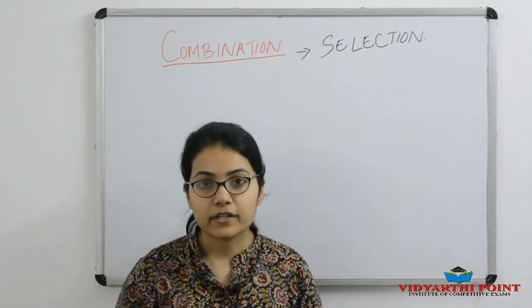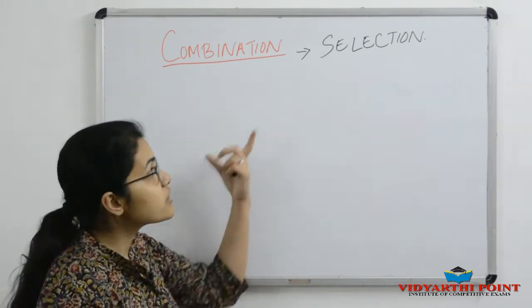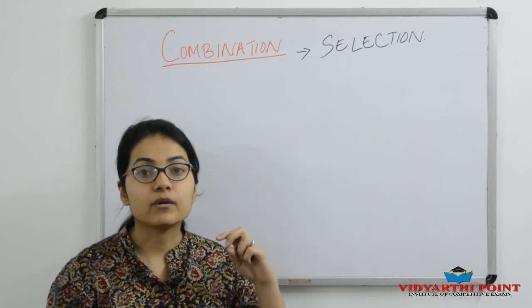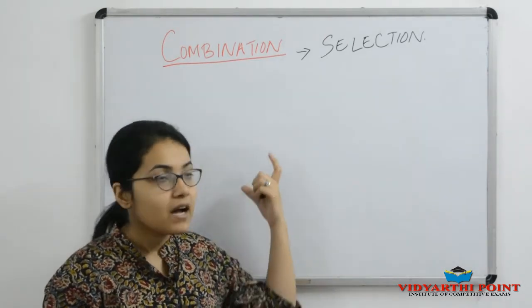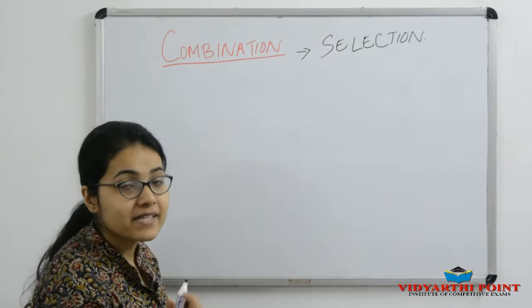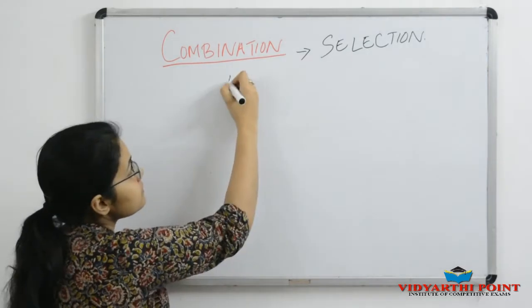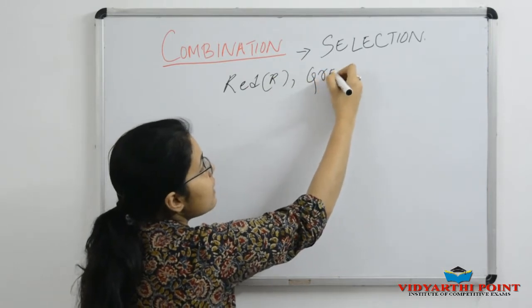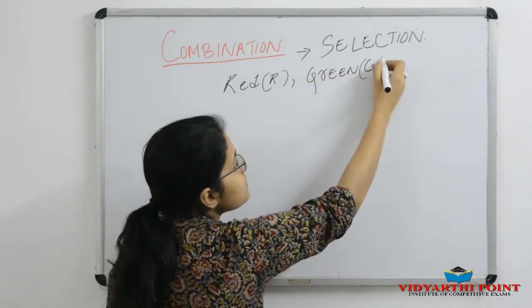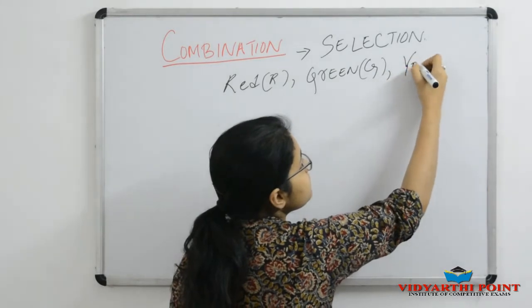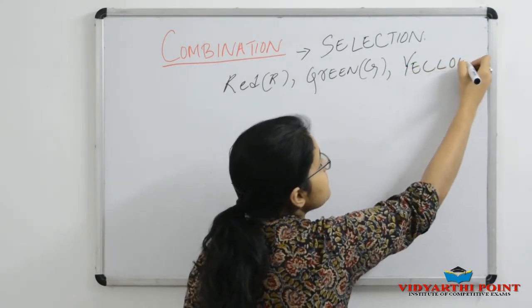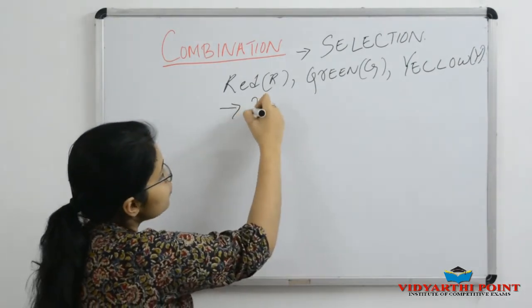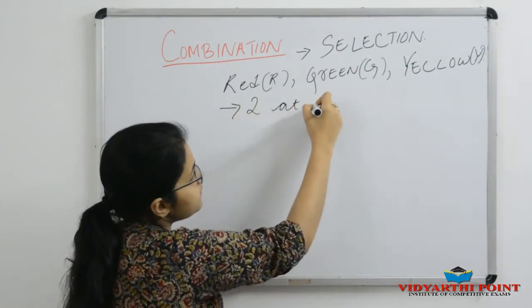Now let us look at combination. What is combination? Combination is your selection. That is the major difference between permutation and combination. Permutation is an arrangement, whereas combination is a selection. Let us take the simple example of the 3 balls: red, green and yellow. Now you have to take 2 at a time.